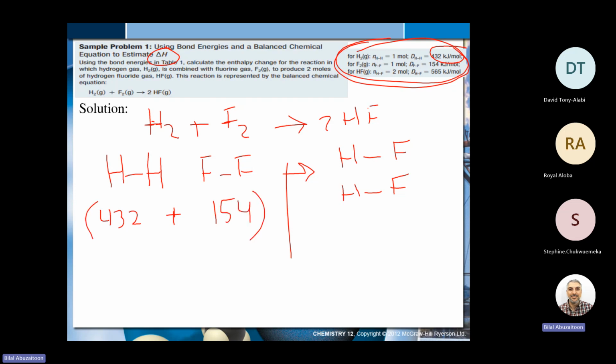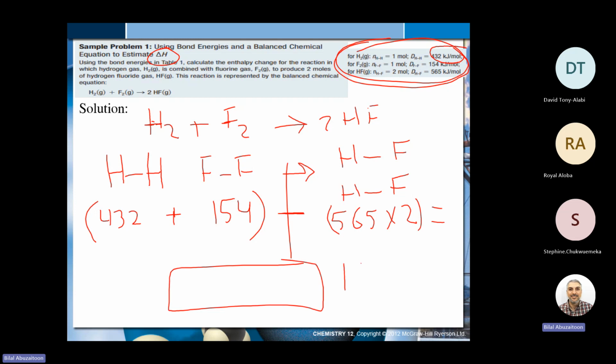Excellent. So this will be added together, minus, as I said, HF. What's the value of HF bond? 565 times 2. Okay, equals what? And this is kilojoule per mole. This is the final answer.